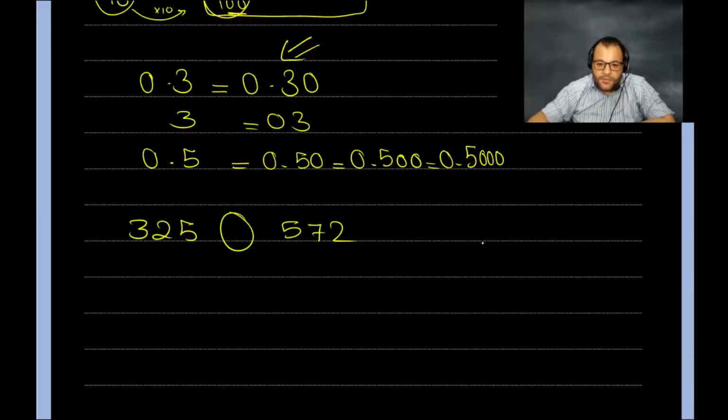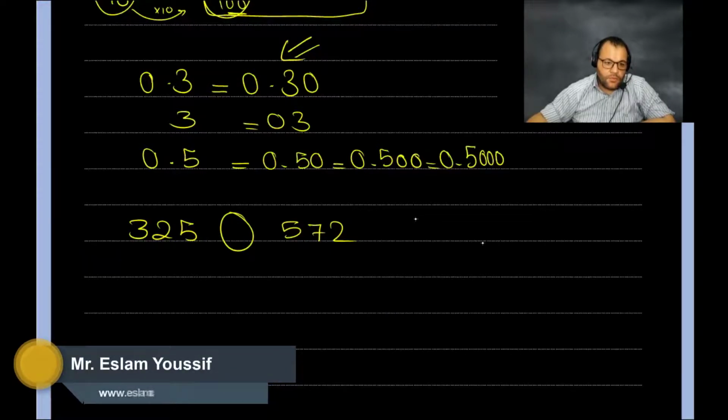Yusuf, what is the problem? Mister, when you put 0.3 equals 0.30 and 0.5... Just 1 minute, I'll give you the answer now.